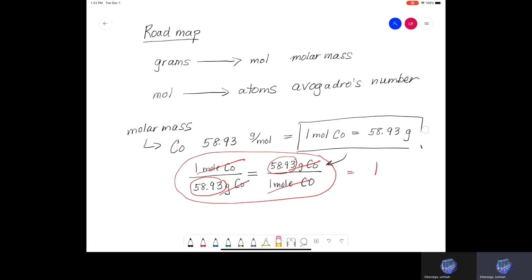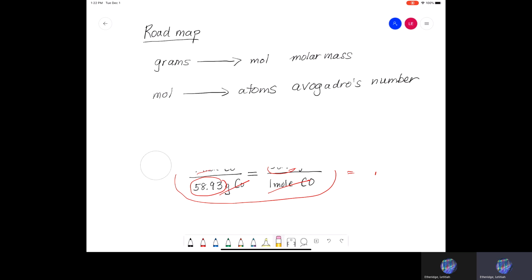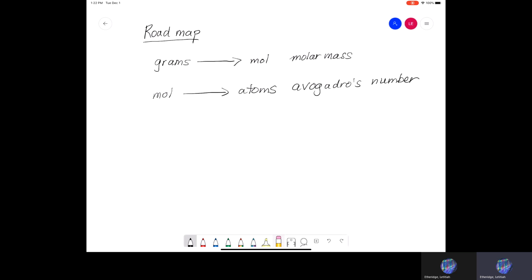The same can be said for Avogadro's number. Avogadro's number basically tells you that 1 mole of, let's say, an element or a substance equals 6.022 times 10 to the 23rd atoms.